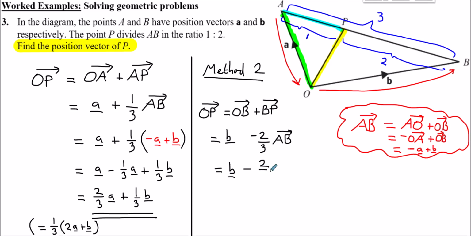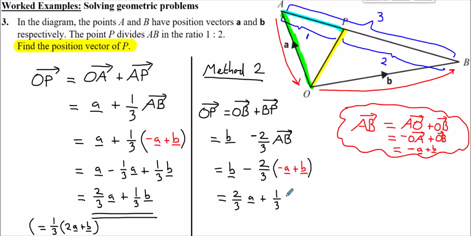So we can say it's minus 2/3 of AB. Now AB is minus A plus B, which we worked out earlier. So A components first: minus 2/3 multiplied by minus A gives us positive 2/3 A. Meanwhile B minus 2/3 of B leaves us with 1/3 of B.